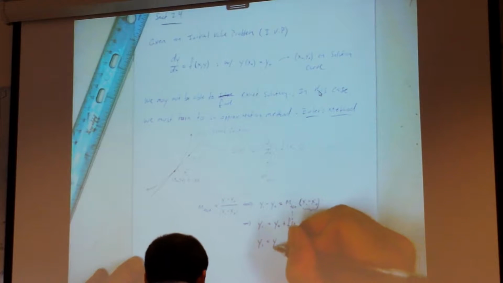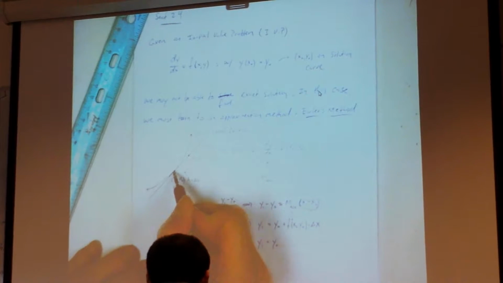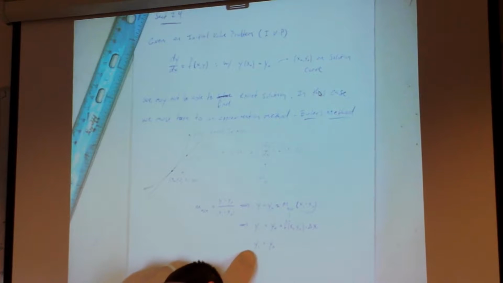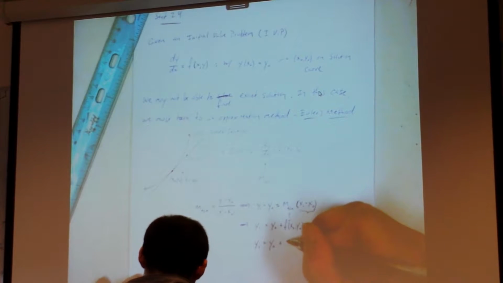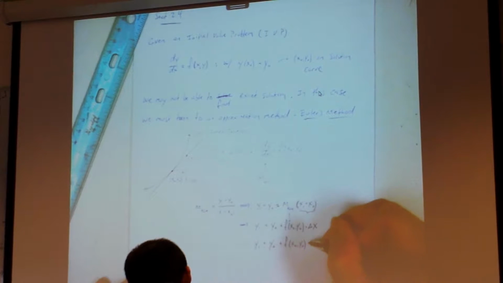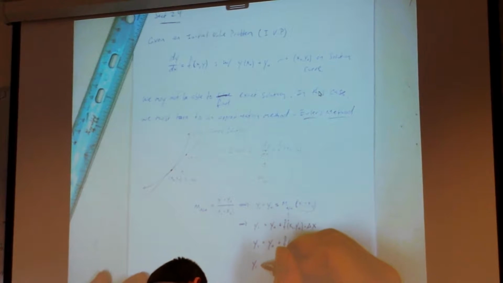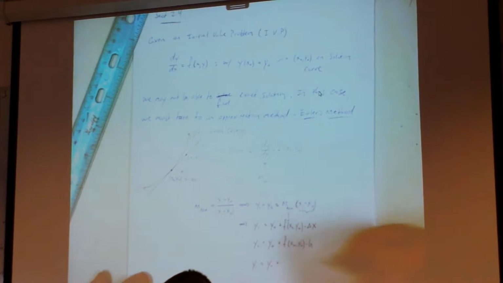So knowing a particular value that's on the curve, I can estimate the next one by taking the previous y value plus this expression, which represents the slope of the tangent line at that point, times h. Oops, usually we write the h in front. So y1 is y naught plus h times f of x naught y naught.